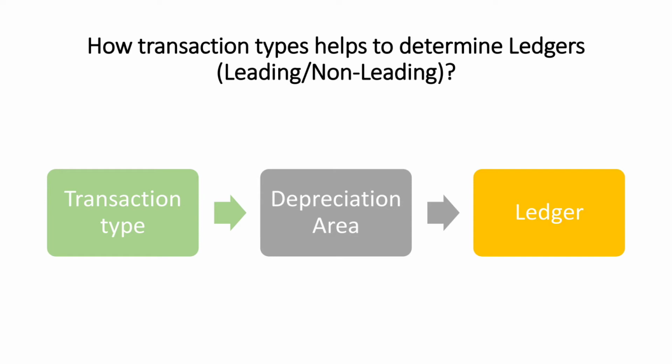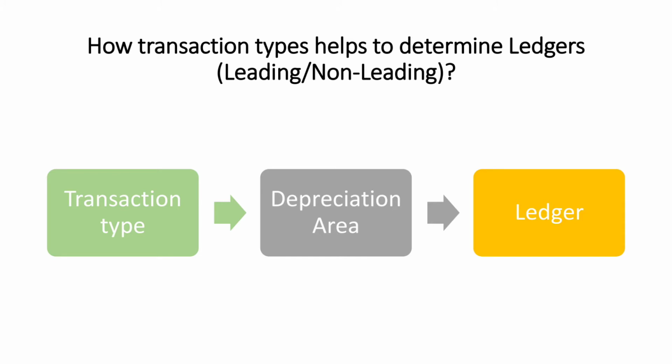You know that we assign leading and non-leading ledgers to depreciation areas, and accordingly depreciation areas post to that ledger. Further, a ledger represents the valuation area, for example local valuation, US GAAP valuation, group valuation. In many instances, the user has to post specific entries in a specific valuation area.